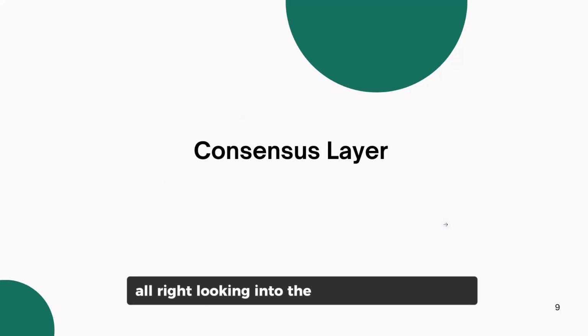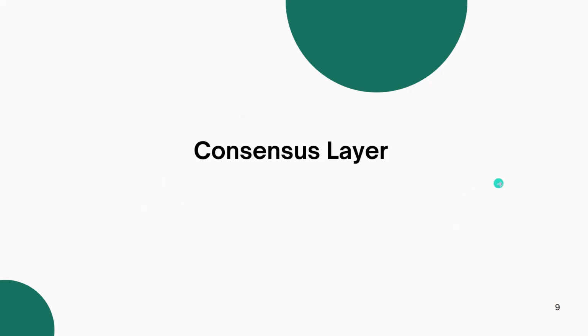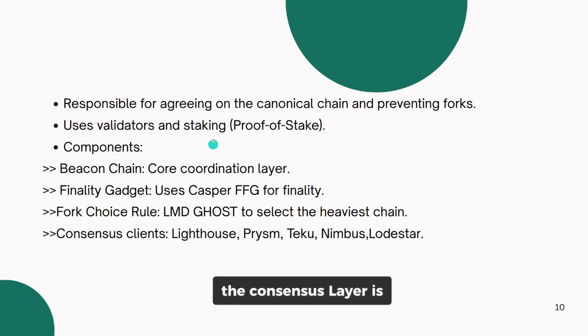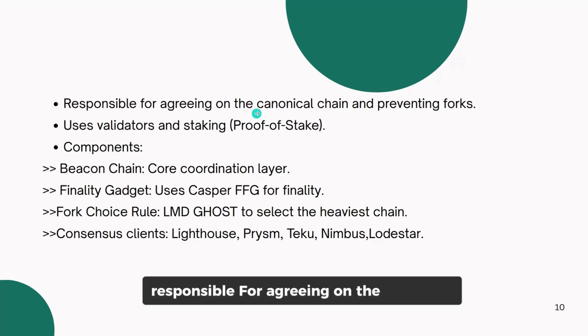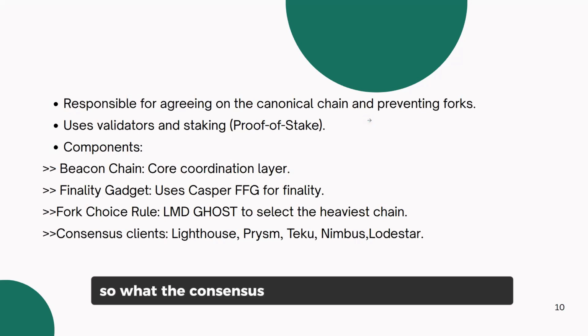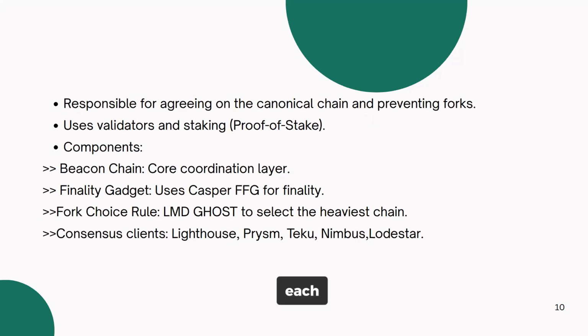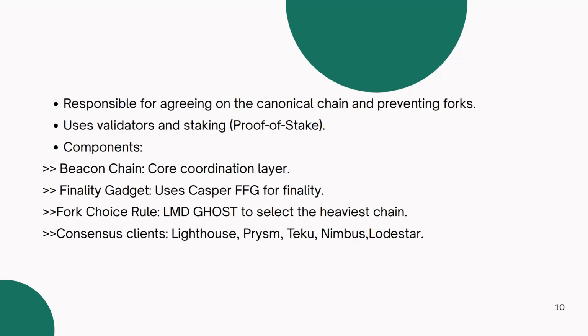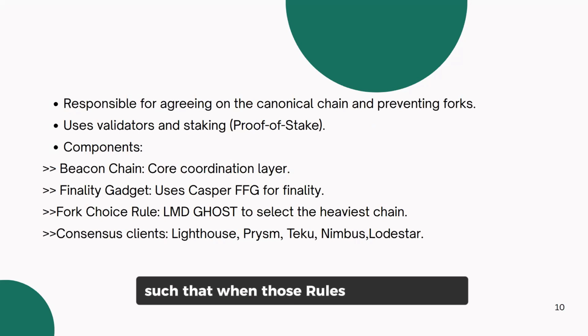All right, looking into the consensus layer now. The consensus layer is responsible for agreeing on the canonical chain and preventing forks. What the consensus layer does is ensure that each block to be added to the network obeys certain rules and regulations, such that when those rules are not obeyed, that's when we start to have things like forks.